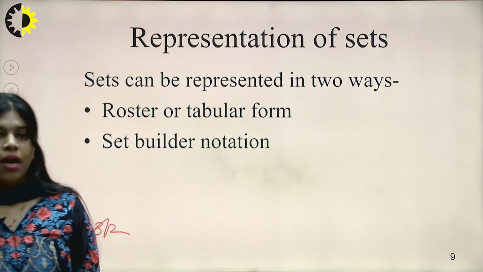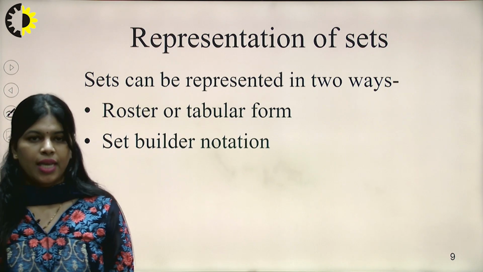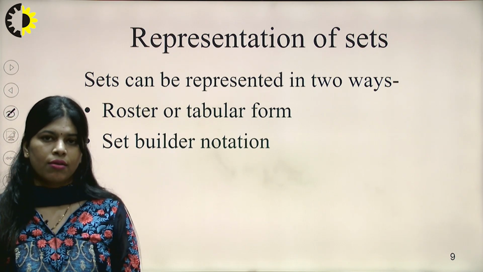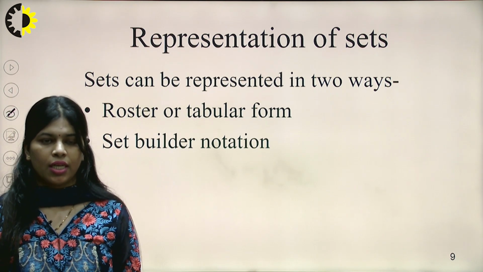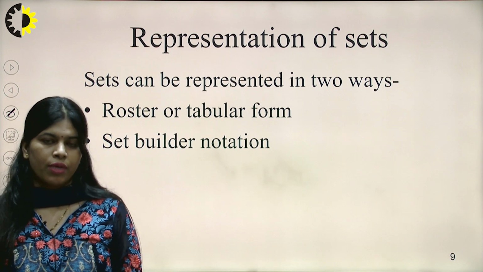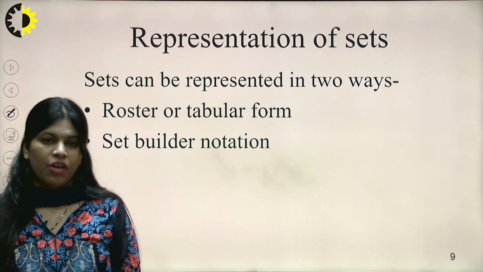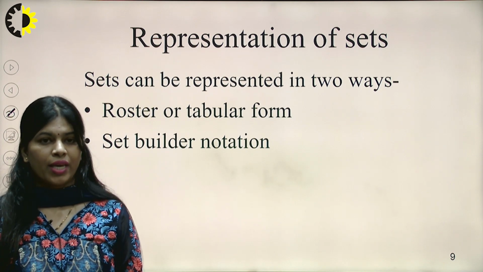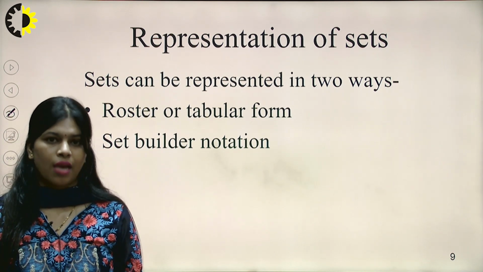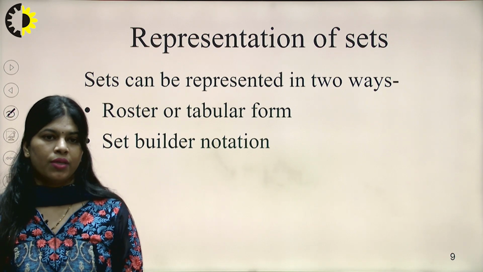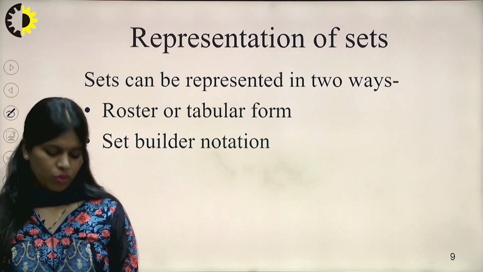Next is how we represent a set. So basically we can represent a set in two ways. First is roster, or we can say roster is called tabular form, and second one is set builder. Now what do you mean by roster?